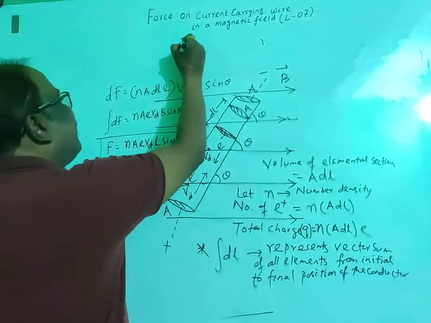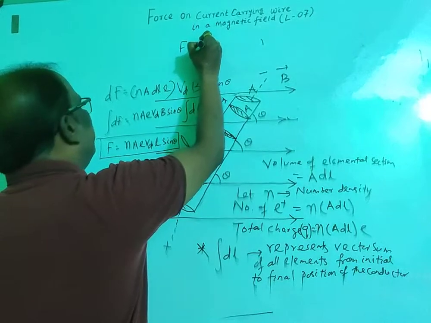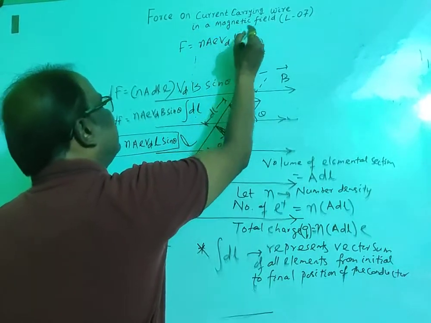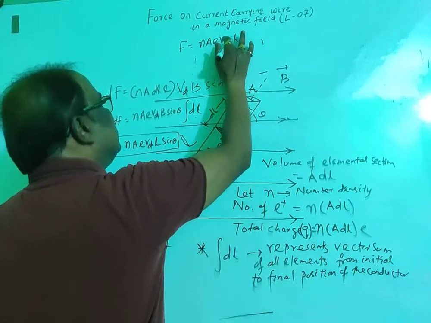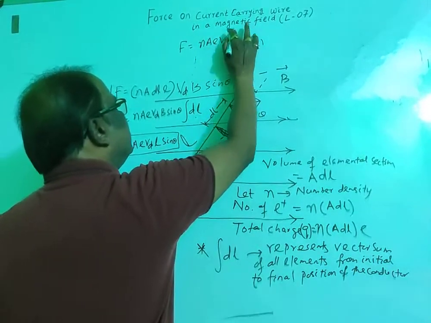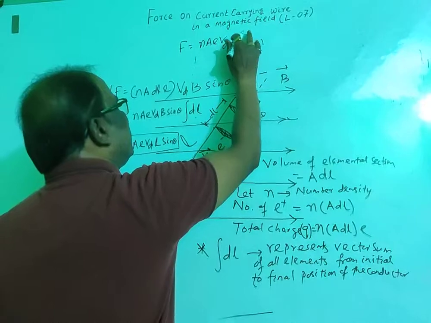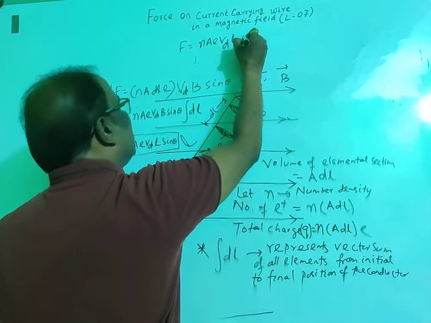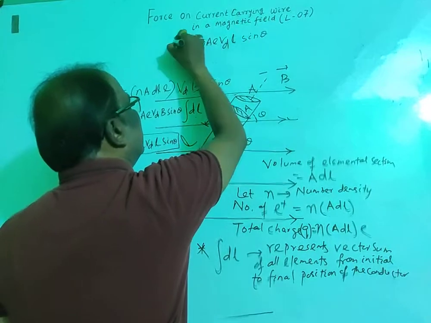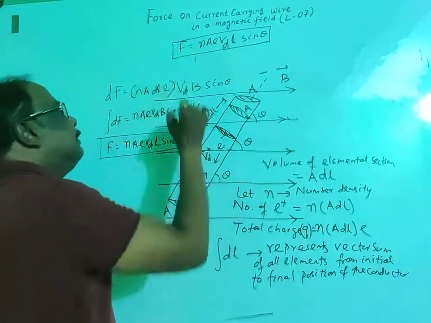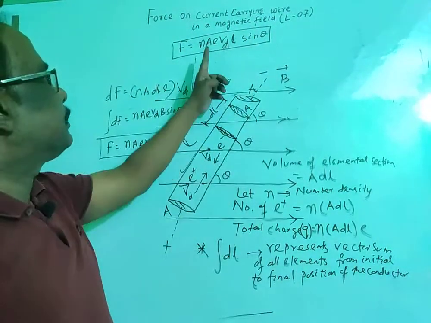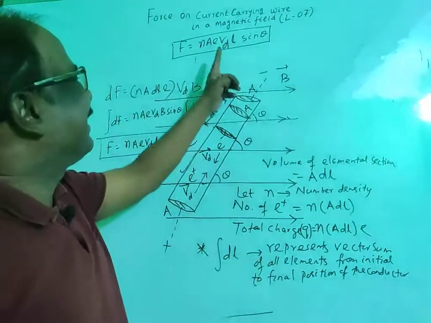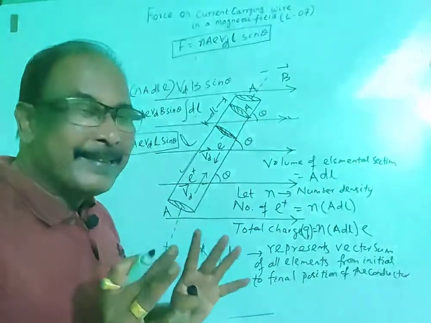I am writing here: force is equal to n A e v_d, drift velocity, into total length of conductor L, into B sin theta. This is the expression for the force experienced by the current carrying conductor, but the derivation is left.